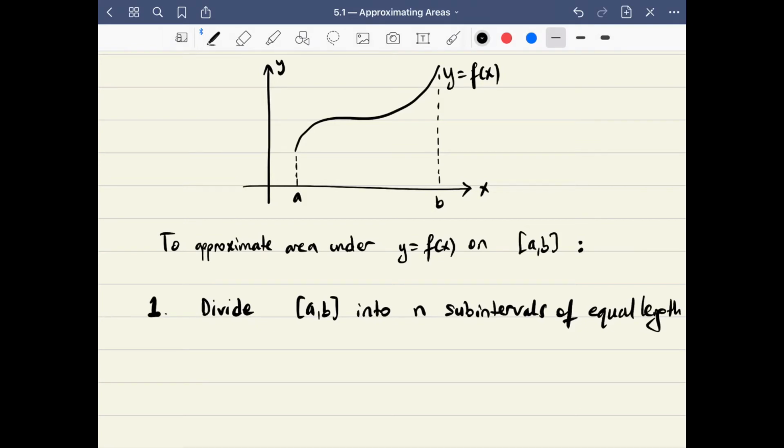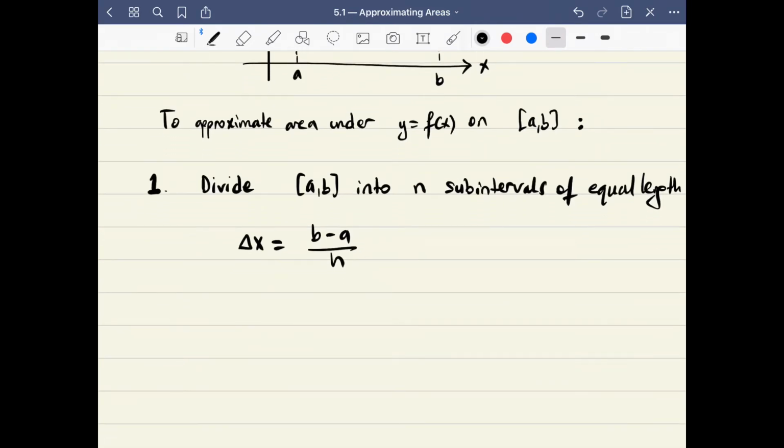Okay, so the length will be called delta x, and this is b minus a, which is the length of the interval, over n, which is the number of pieces. Moreover, if you do this, you have the following. Let's draw this a comma b on the real line.